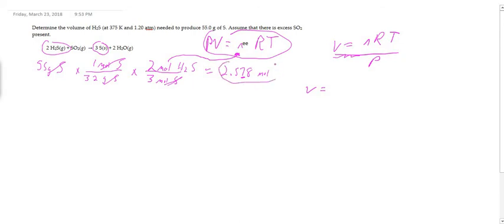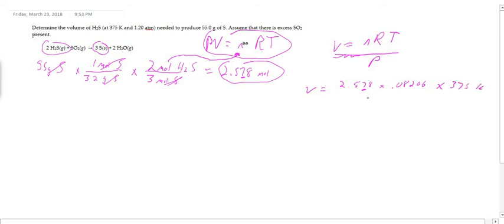Here's my n, which I just calculated using the stoichiometry, 2.578, times R, which is 0.08206, times the temperature, which I gave in the problem as 375 degrees K, divided by the pressure, which is 1.20 atmospheres. So now I can do that math.